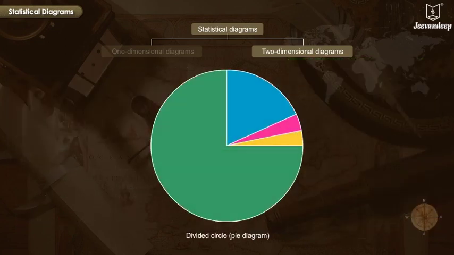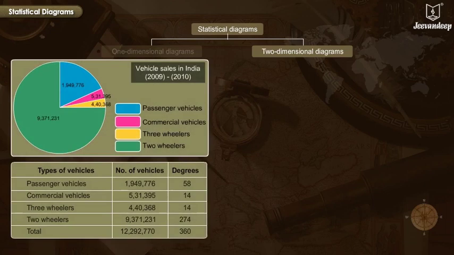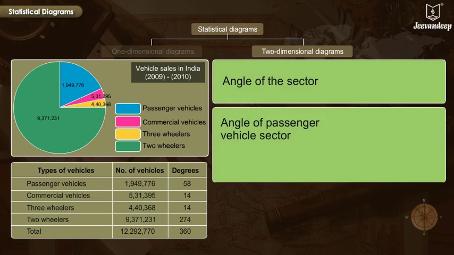Divided circle or pie diagram. This is also a two-dimensional diagram. The circle is divided into different sectors. A circle has 360 degrees which are divided according to the sectors given. To calculate the angle of the sector, the following formula is used.